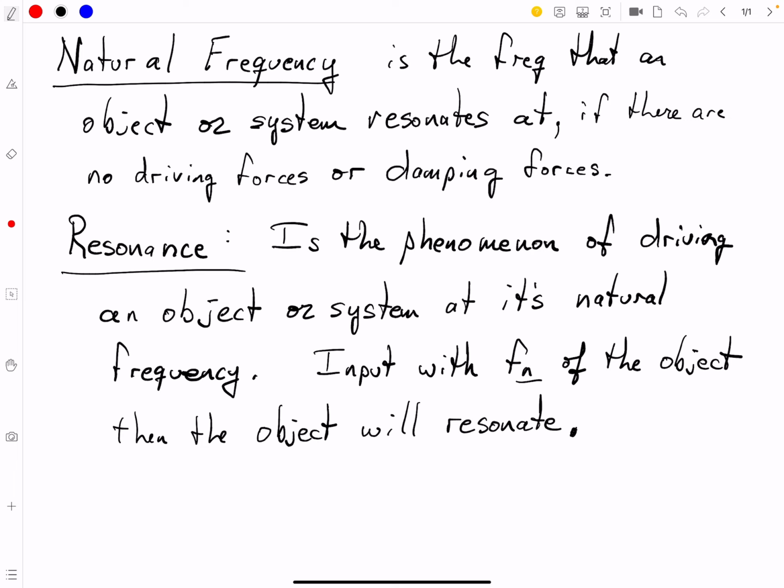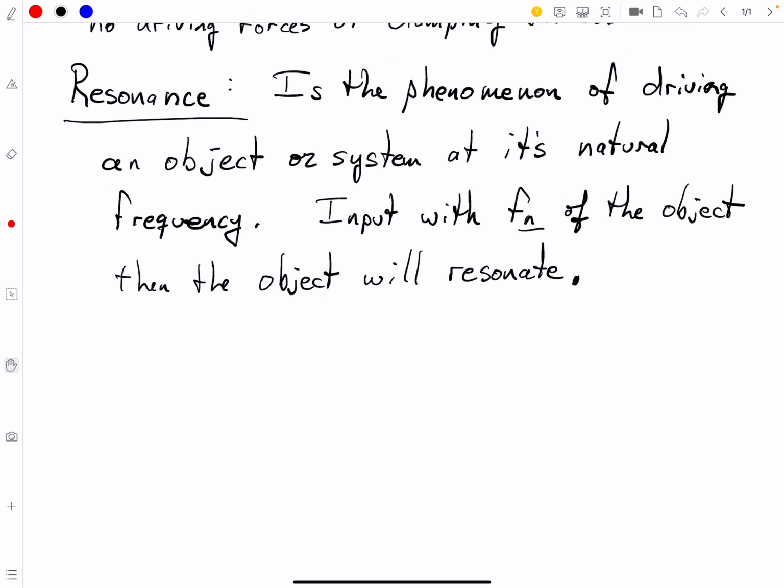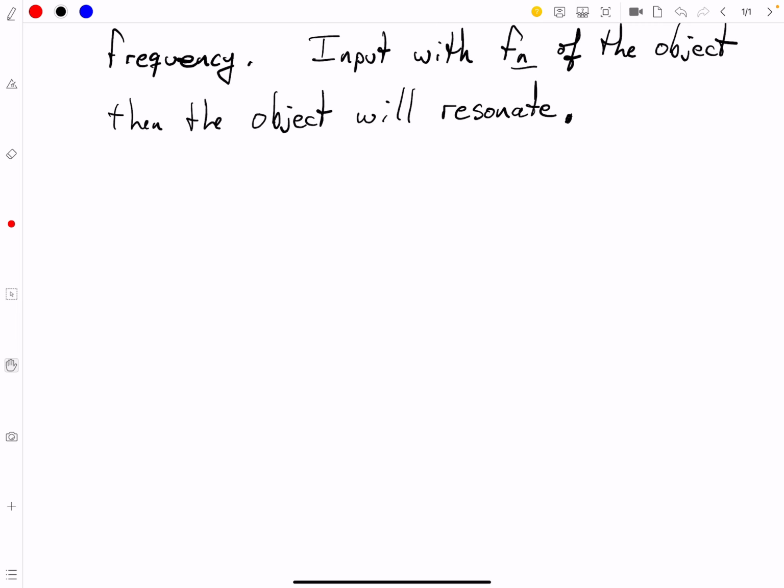Okay, how do we find what that natural frequency is?